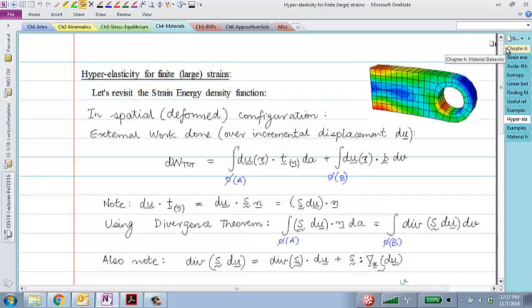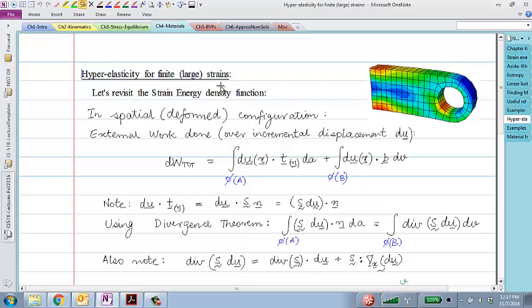So we've talked about this very restrictive class of materials, linear isotropic hyperelastic materials with 2 material constants. And as I mentioned, that is very restrictive. That usually holds for small deformations, typical deformations that we see in our structures, buildings, and bridges.